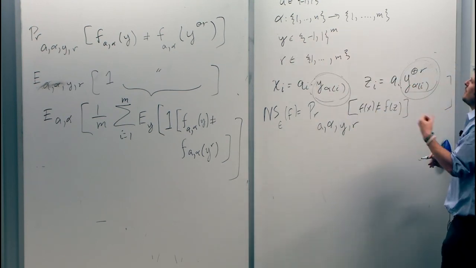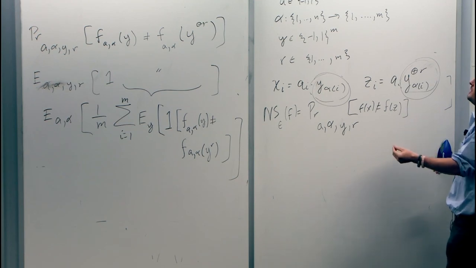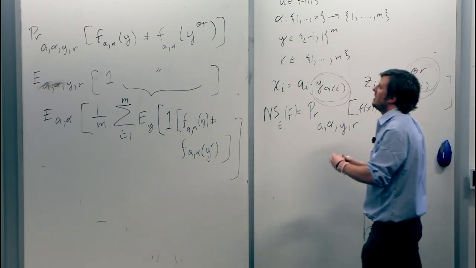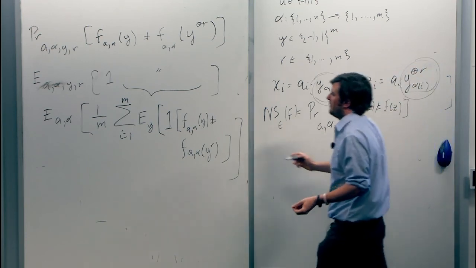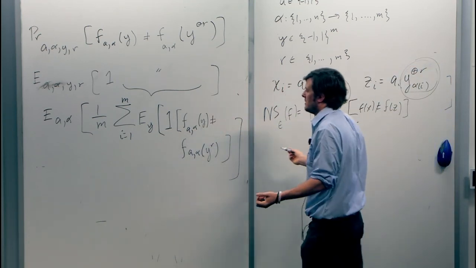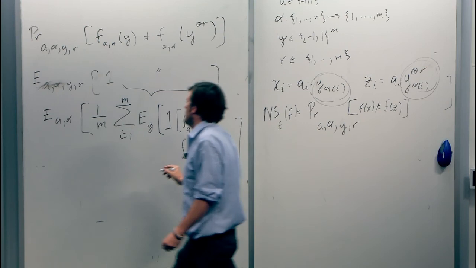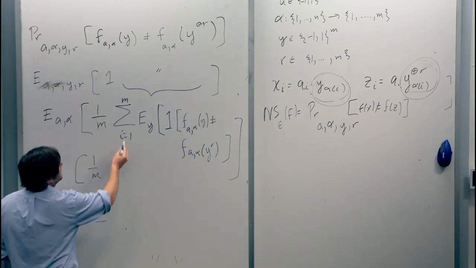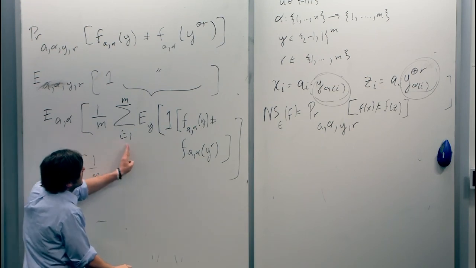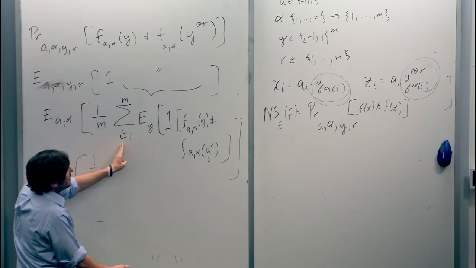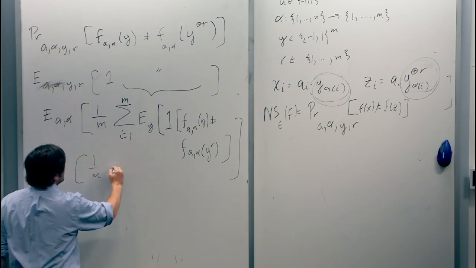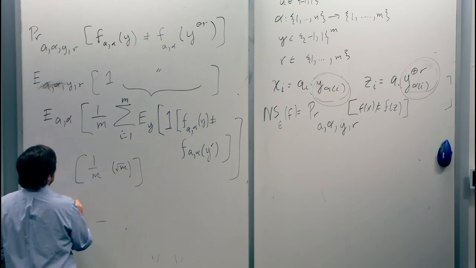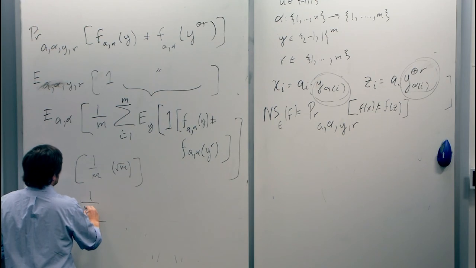So flipping one bucket corresponds to flipping just one variable, and that's just the influence of a half space, which is a monotone function. So this is going to be 1 over m times the sum of the influences of a half space, which is at most root m. And so this quantity is 1 over the square root of m.